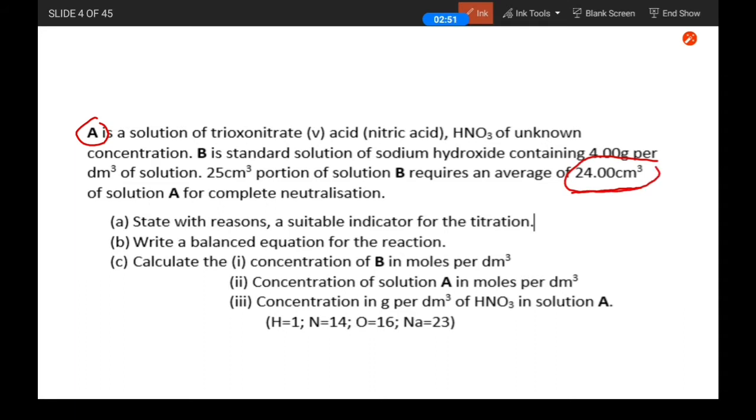Good. The first question says, state with reasons a suitable indicator for the titration. And we have different reasons why we use different indicators. Now, you have to first identify whether an acid is strong or weak acid, and if the base is also strong or weak.